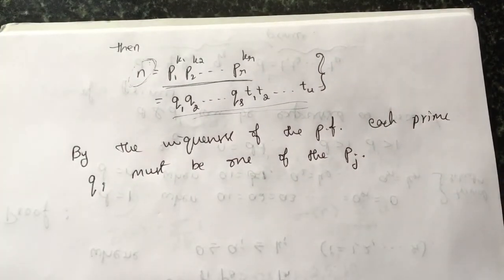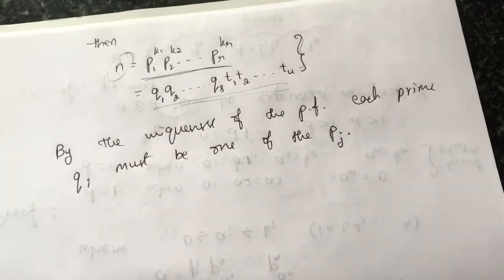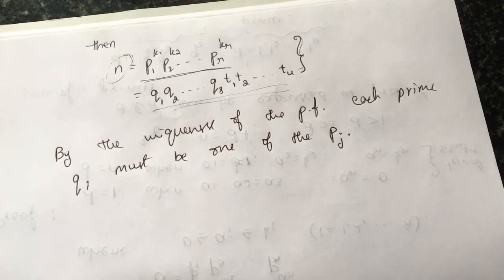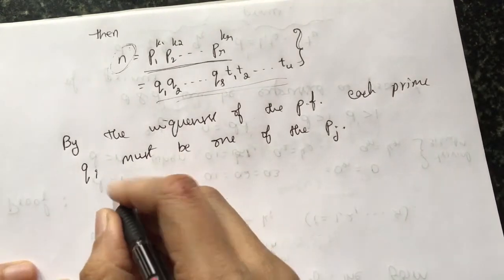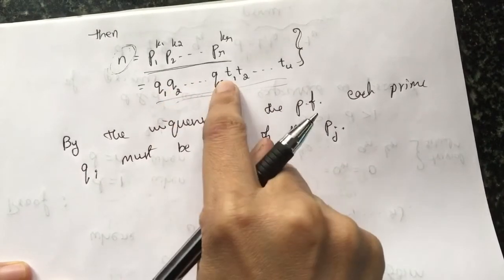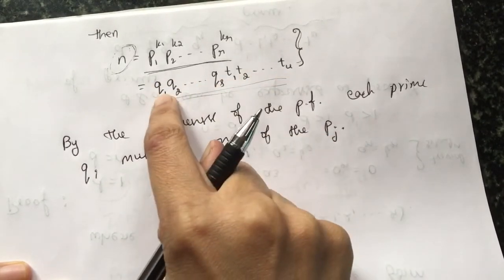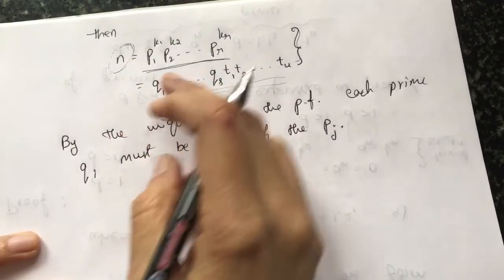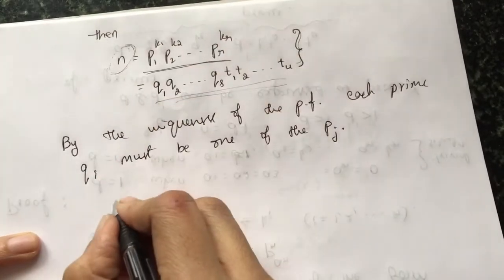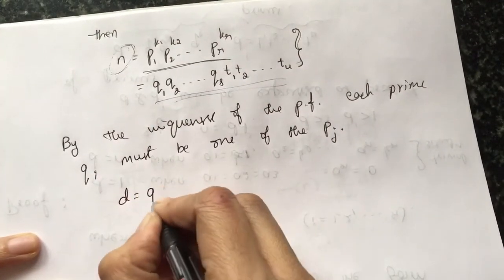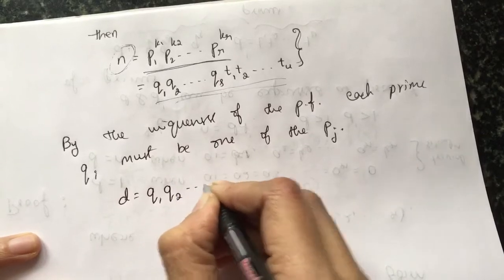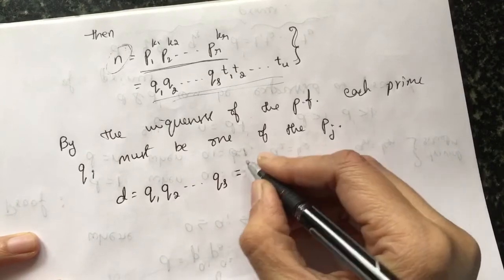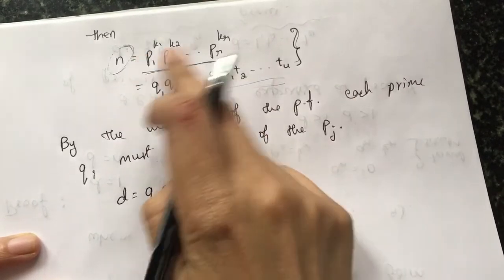Now collecting all the equal primes into a single integral power, what are we going to get? Each of these qi's is equal to any one of these primes, so when I collect those which are equal, I'll write d equal to q1 q2 up to qs. This will be equal to some powers of these primes.